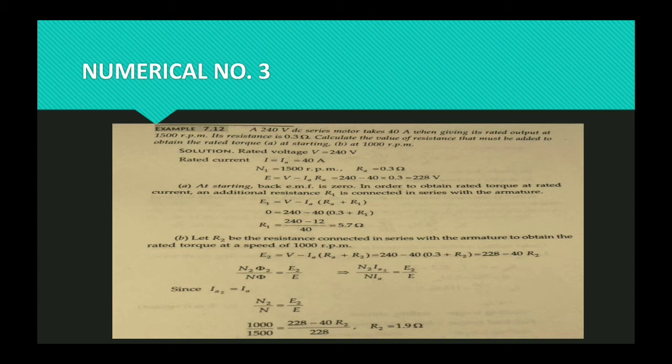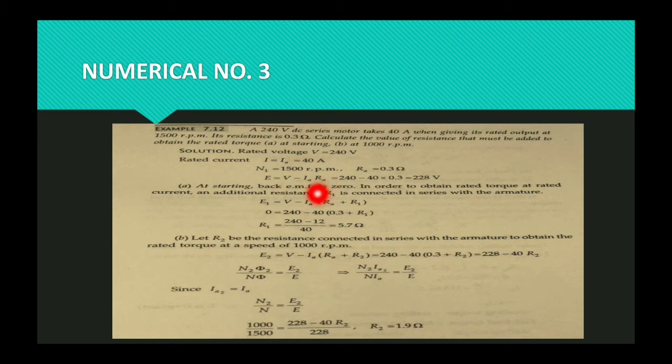So I equals IA equals 40 ampere, voltage V equals 240 volt, and N1, the speed of the motor in the first condition, equals 1500 rpm, and the value of the armature resistance RA equals 0.3 ohm.